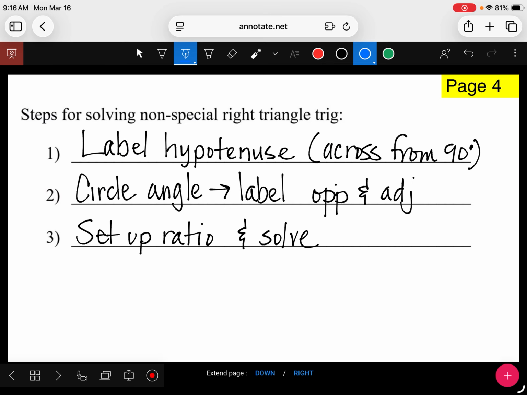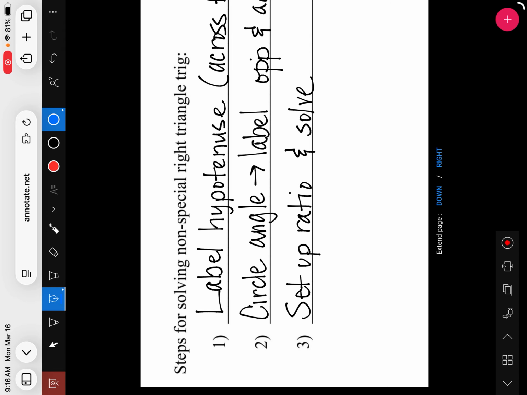Let's hit it. Go ahead and copy down the steps on finding your ratio. Again, being able to find if it's a sine, cosine, or tangent problem is 100% of the test. If you cannot find it, you will not pass the test. So we're going to spend a lot of time practicing figuring out opposite, adjacent, and hypotenuse.